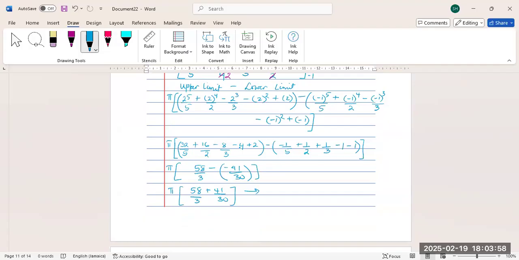If I multiply the denominator there by 10, I'll get 30 and 30, so that means the LCM here is going to be 30. 580 plus 41. 580 plus 41 is how much? 621. 621 divided by 30. It's 207 over 10.